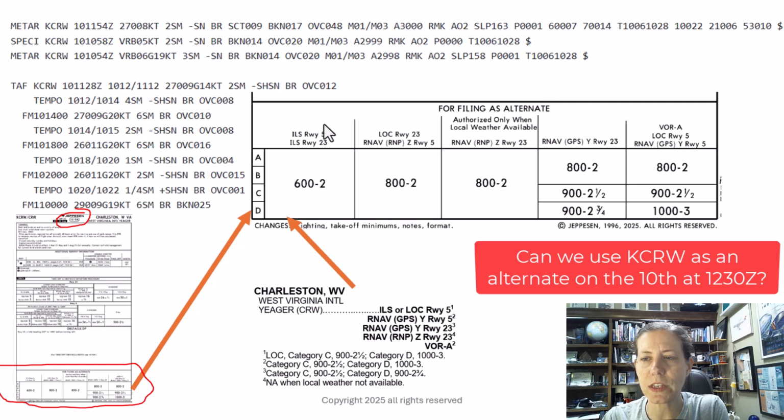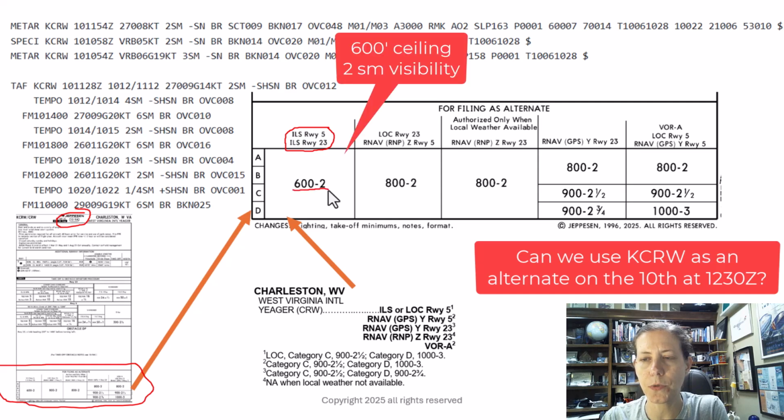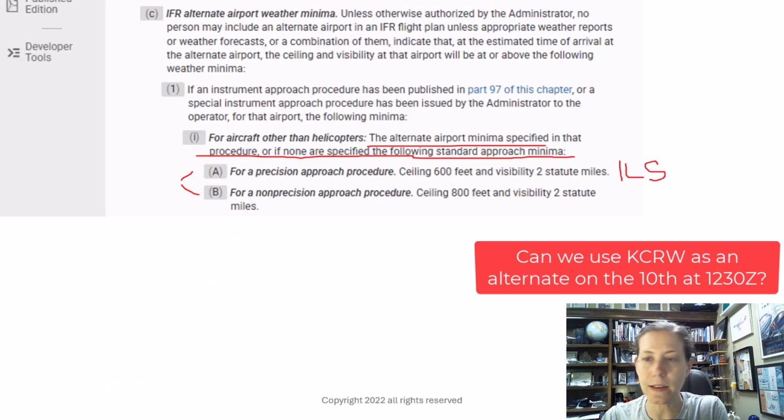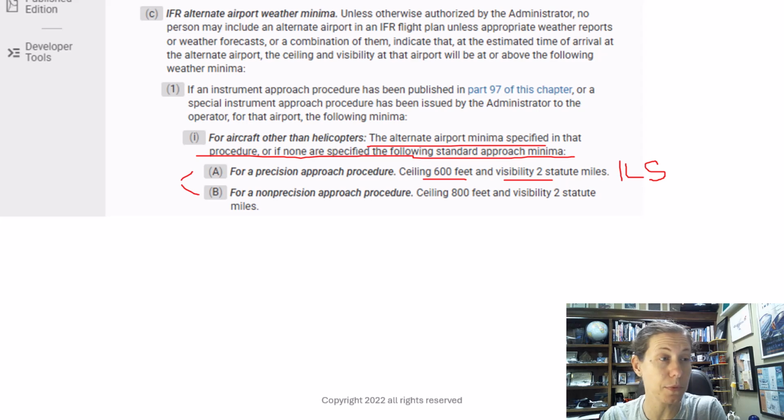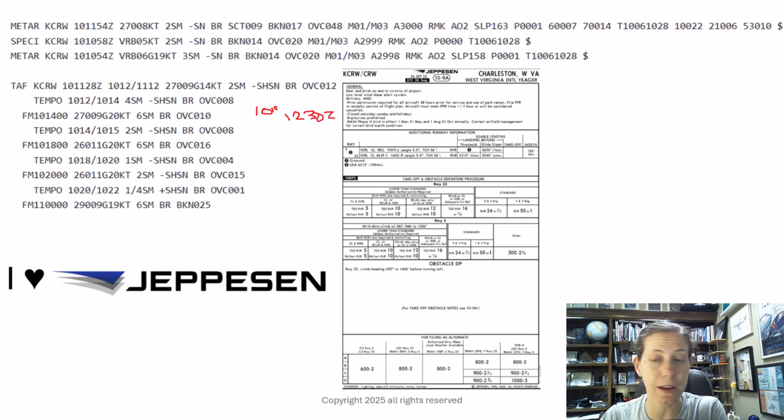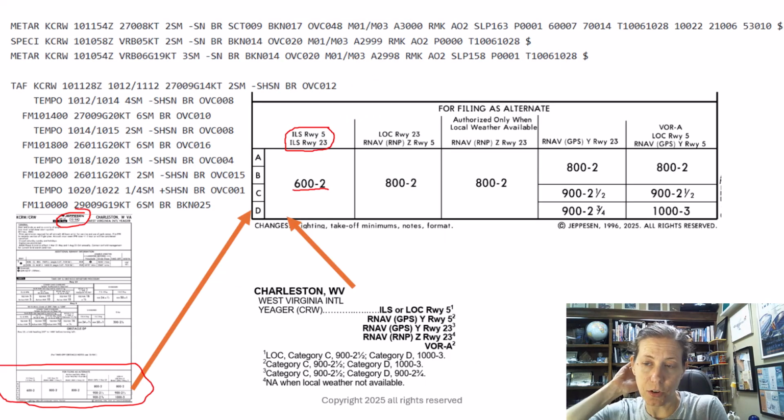This is really cool. Once again, here are my ILSs, and notice this says you need a 600-foot ceiling and 2 miles visibility. That lines up with the precision approach procedure, ceiling 600 feet, visibility 2. Pretty slick. Good job, Jeppesen. I like you.